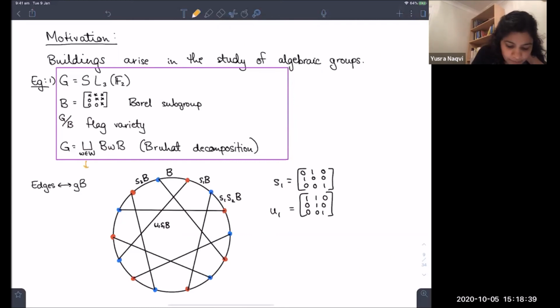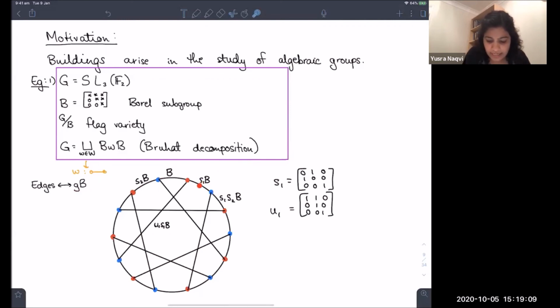W in this example is going to be my type A2 thing here, so W is going to have this diagram in this case. And so when I look at how the cosets of B look over here, well, I'm going to put down an edge for each of these, and then I'm going to have this be adjacent if I get it by multiplying by something in my Coxeter group.